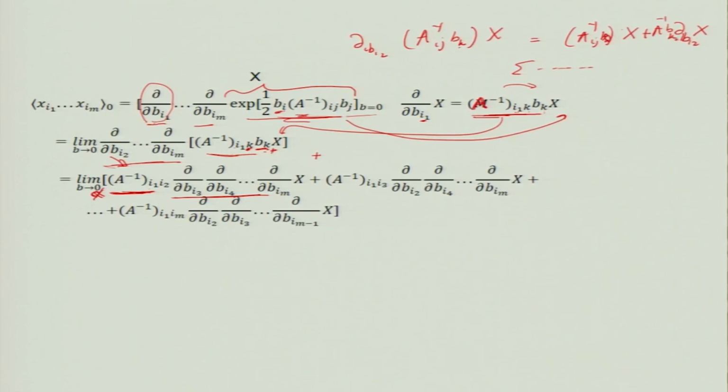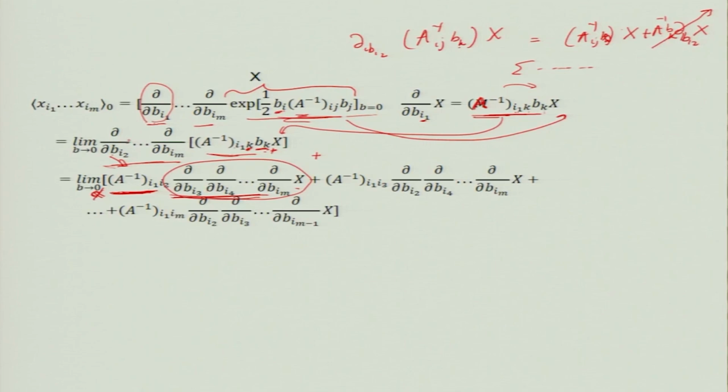So, when I take b going to 0, this will go away. So, basically I get this one and the derivative will act on x. So, this product, some terms go away, and first time when I do I2, I get this one, and the remaining m minus 2 ones will act on x.